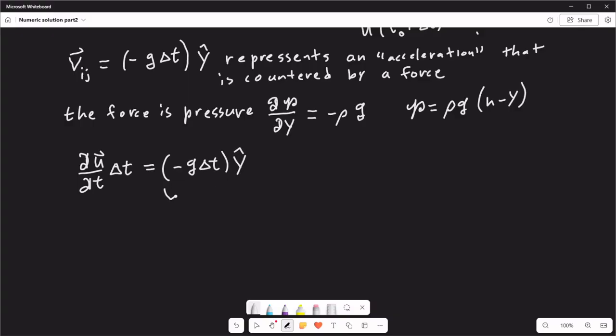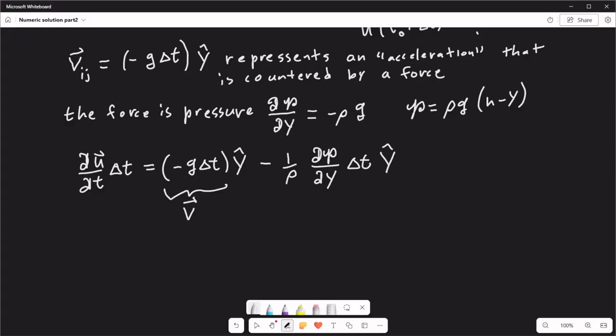That is basically the v term minus the pressure term, which is the gradient of pressure, which in this case only depends on y, because the x velocity is always equal. So the gradient of pressure times delta t, in the y hat direction.